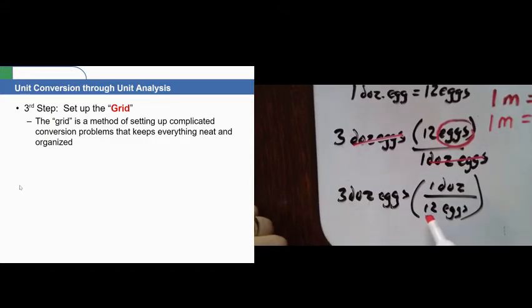On the bottom, though, you notice how the dozen doesn't cancel out. So here we would have dozen times a dozen, like a dozen squared over eggs, and that doesn't make sense. So we know this can't be the right way of setting it up. This way, where the units cancel out, is the correct way of setting it up.